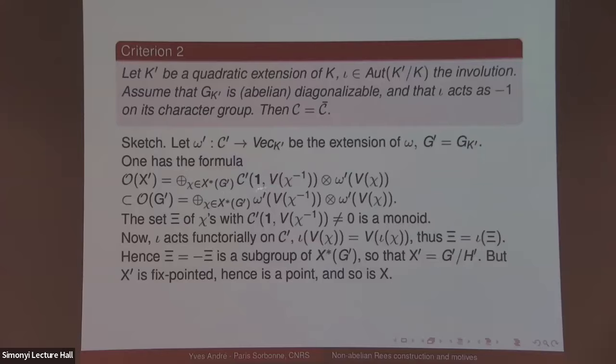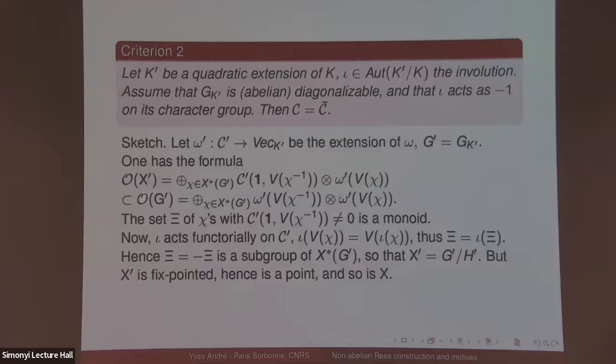And the formula was C' of 1, so V_1, but it's the same as 1 and the dual, so V of the inverse of the character, and omega' of V. So V_chi is a one-dimensional K' space attached to the character chi. So G acts here via chi.